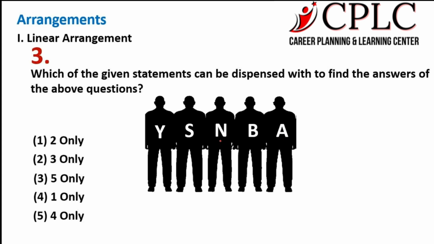Third question, which is more based on the language of the question: which of the following statements can be dispensed with to find the answers of the above questions? Basically, what can be dispensed with is the useless information that we had at the very beginning of the question.